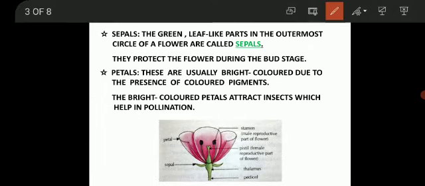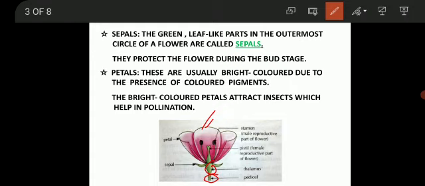In this picture, you can see the pedicel and the thalamus. So, this flower is attached to the stem by a stalk. So, the green color stalk is called the pedicel. Now, the upper part of this stalk is somewhat swollen. So, this portion is known as thalamus.